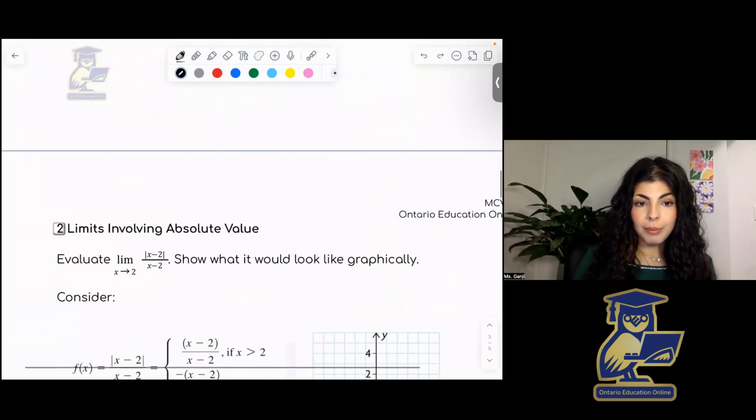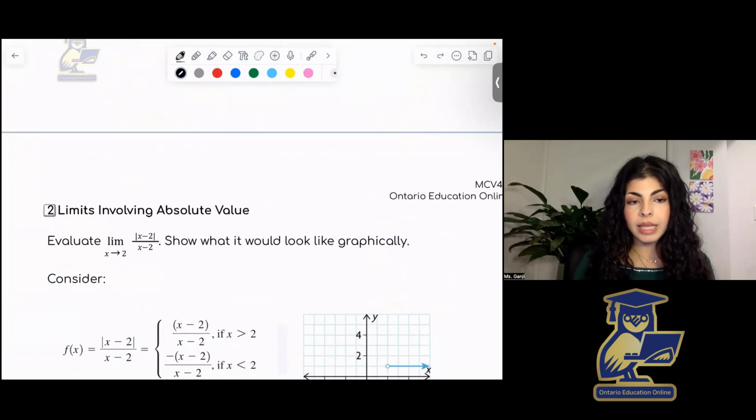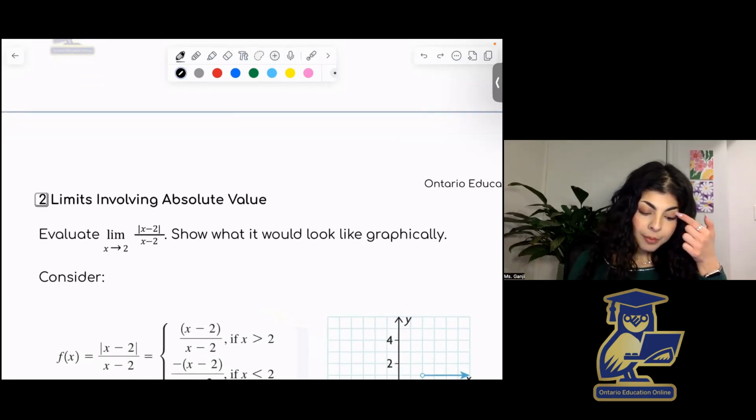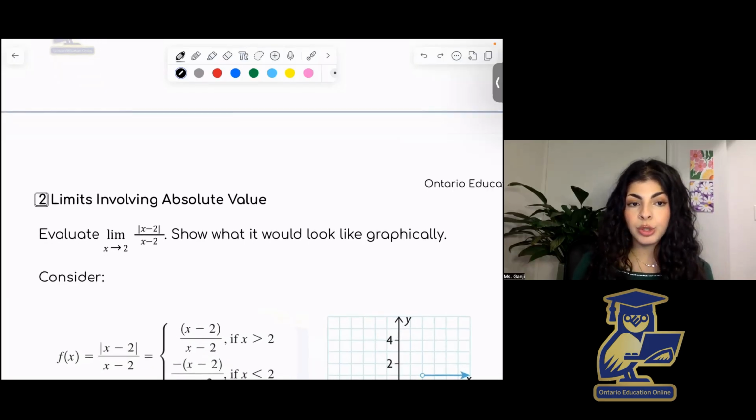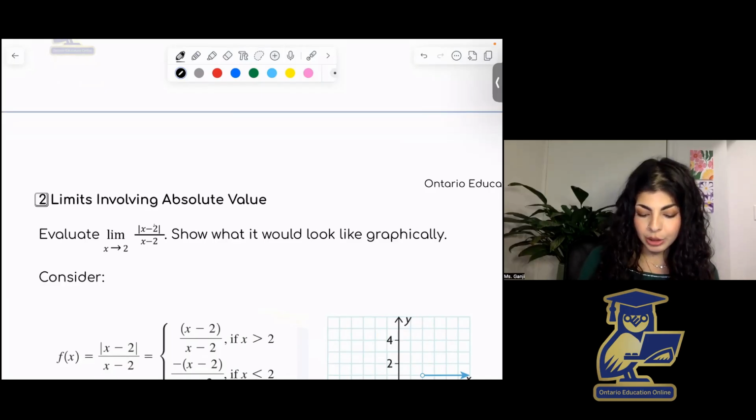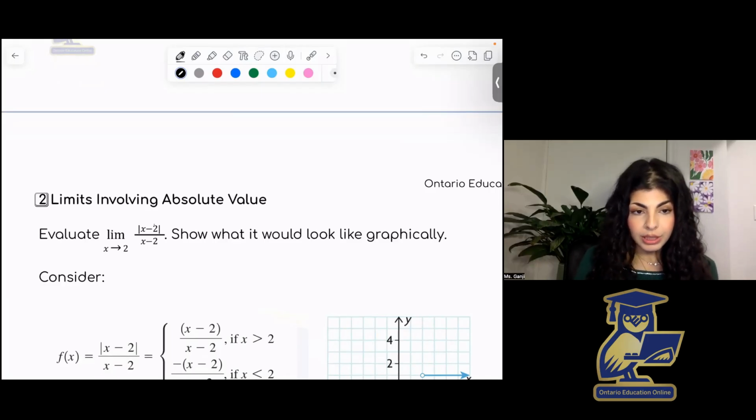Now, let's look at an example with absolute value, because absolute value is a special kind of function as well, and we have to analyze the domain here. So here, given the limit of x approaching 2 of this expression here, you can see right away it is an indeterminate form for the numerator and the denominator, because you would just get 0 over 0.